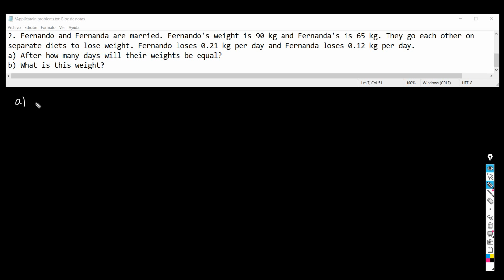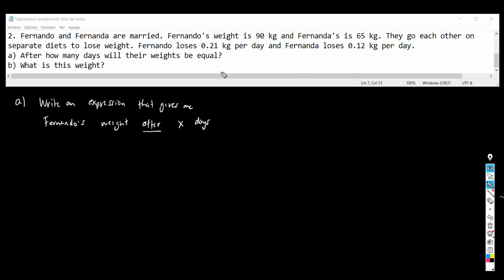First, I'm gonna write an expression, or an equation, that gives me Fernando's weight after X days.